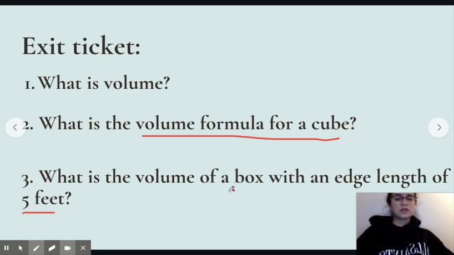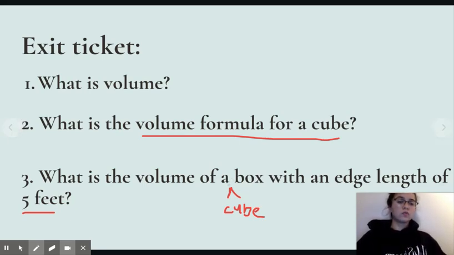And I'm assuming that this is a cube-shaped box, not a rectangular shaped one. So it's a cube, meaning all sides are the same, all edge lengths are the same. Okay, take a moment, please pause the video and try it on your own before I give you the answers. This is your exit ticket, so hopefully we have got this down by this point.